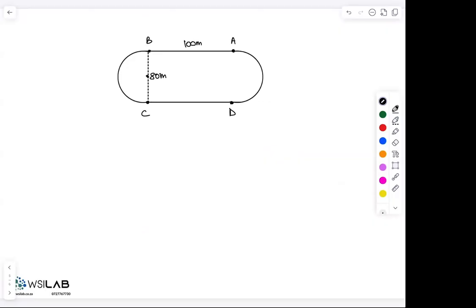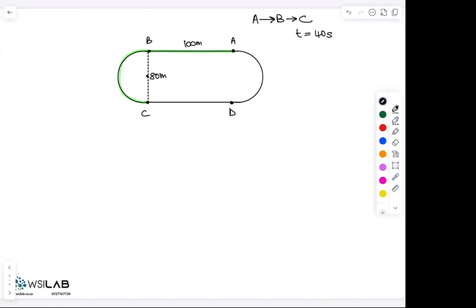Okay. So now we're going to run all the way from A to B and then to C. Slightly more difficult. And let's say the time it takes is 40 seconds.